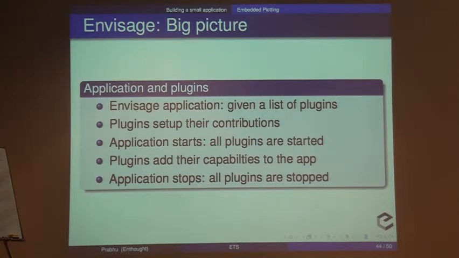So every Envisage application basically consists of a set of plugins that are put together. Right? And each plugin will contribute what are called extension points, to which other plugins can contribute items.